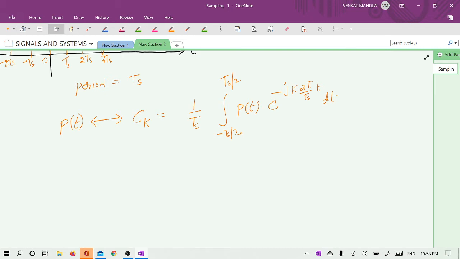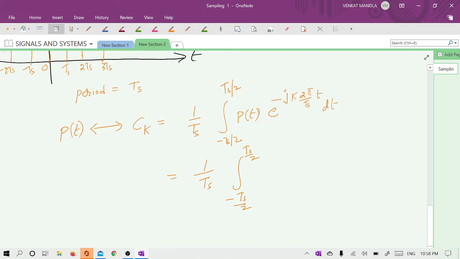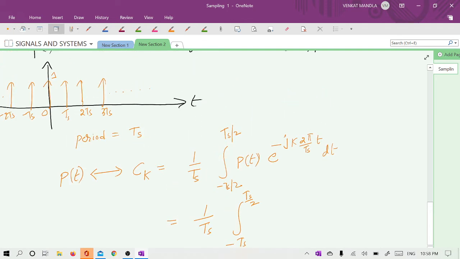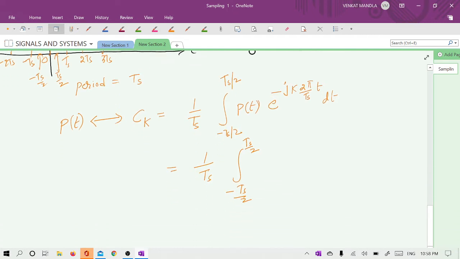Okay. So that equals 1 over Ts integral of minus Ts by 2 to plus Ts by 2. What is p of t between minus Ts by 2 and plus Ts by 2? We have del of t. So p of t is del of t, times e power minus j k 2 pi by Ts into t dt.